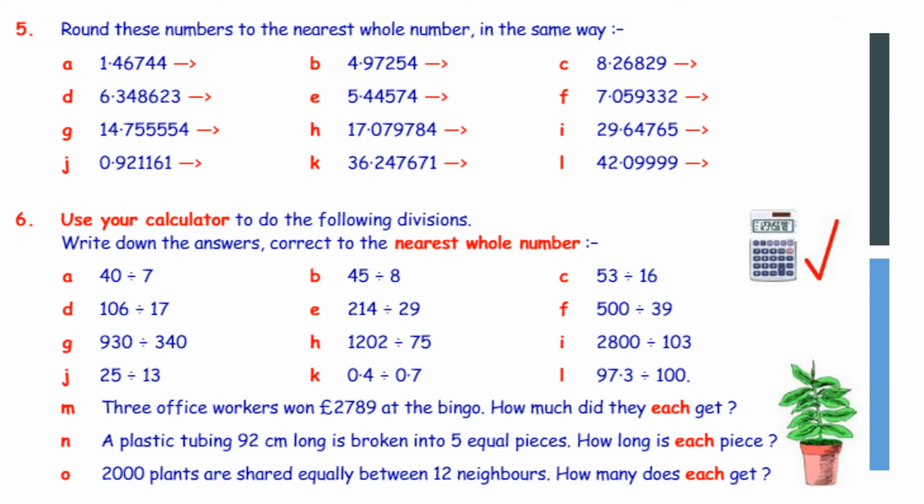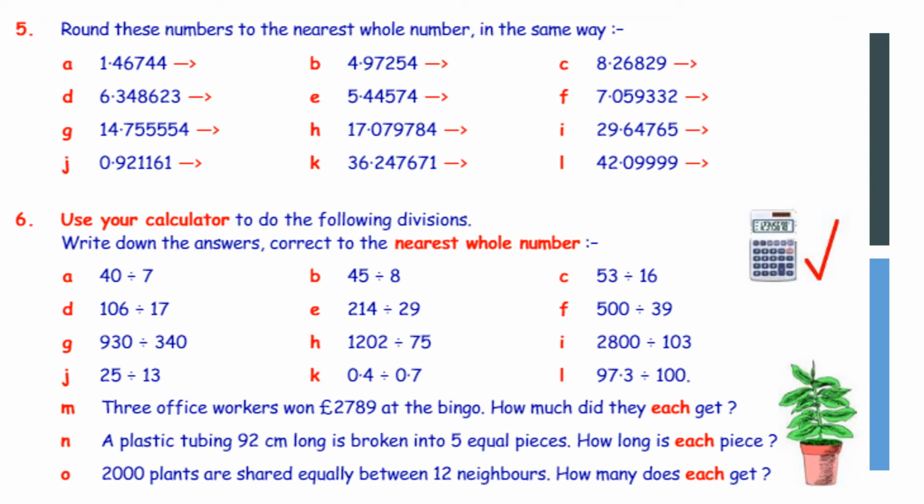M, N and O are just word problems doing the same calculation as the rest of 6. Okay, so you see that there's a calculator there with a tick, and that tells you, yes, use a calculator. You must use a calculator. These are sums that you cannot do in your head.